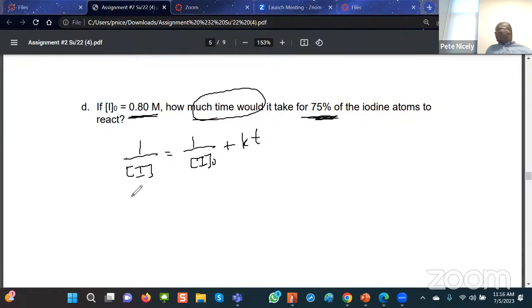Preferably somebody who has not contributed before. How would you isolate T on one side of the equation?